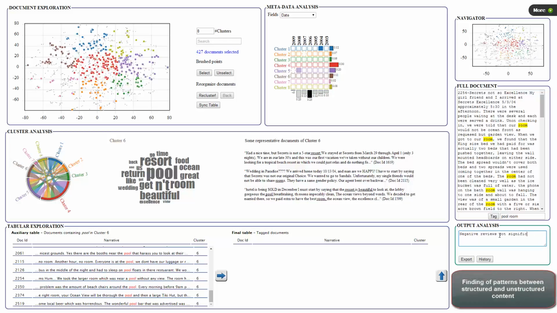When looking at patterns between different types of reviews and metadata, we can easily see that negative ratings by people going for honeymoon tended to be unexpectedly more common in 2004.